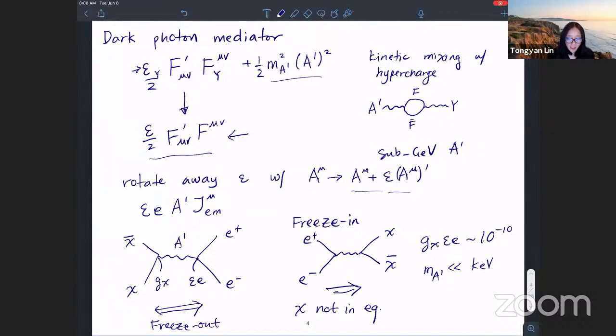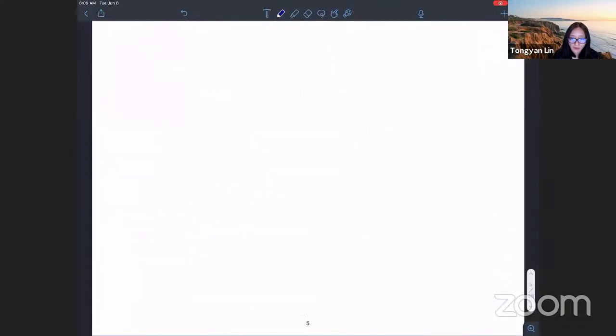Okay, so it's possible to have both the freeze out and freeze in scenarios, and I'll show those both on these kinds of cross-section plots. And if we have this coupling, then dark matter will source a potential in materials.